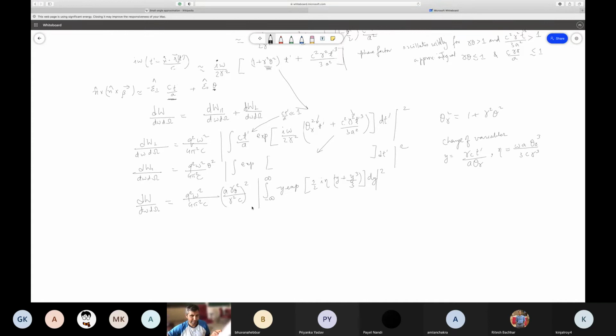So this is for perp, and for parallel this can also be simplified in the same way. This is equal to q squared omega squared by 4 pi squared c. Right, so there's a theta squared here. This is the big difference, right? For perp there is no theta squared. So this guy vanishes at theta equal to 0.